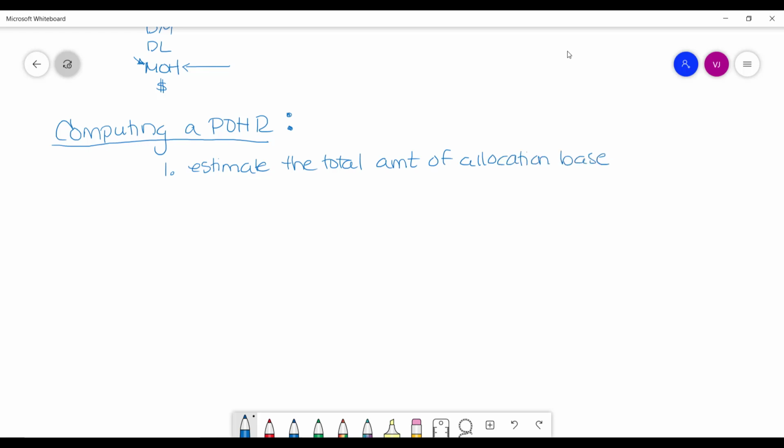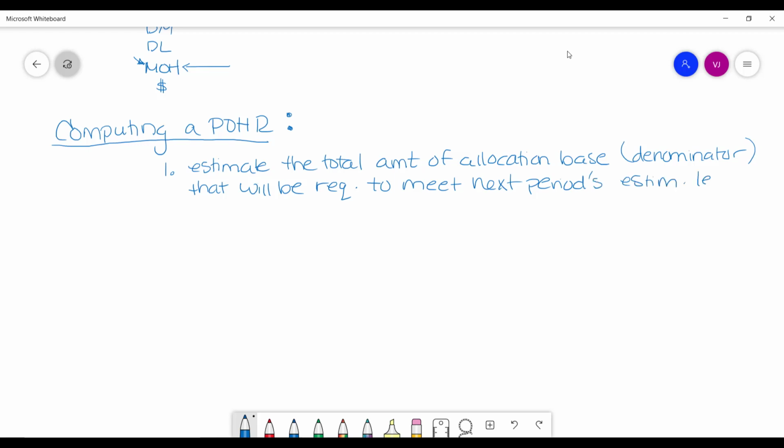Remember, this is your denominator activity, the denominator in that formula that we saw up top. So we estimate the total amount of allocation base that will be required to meet the next period's estimated level of production.